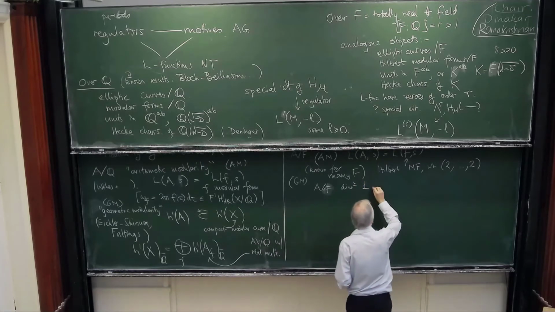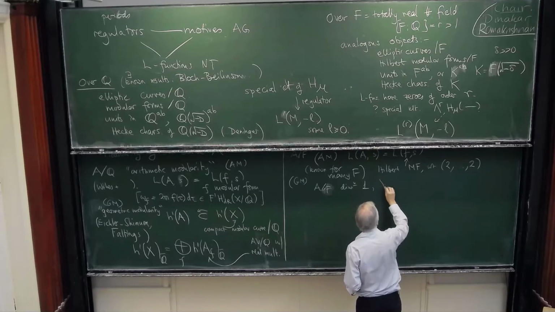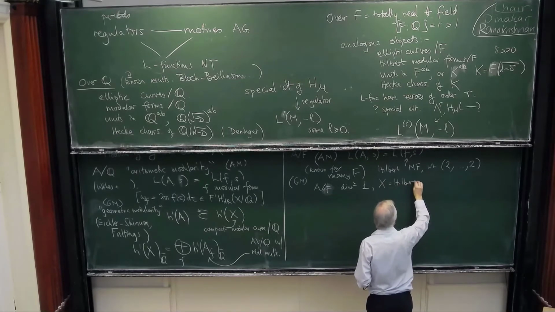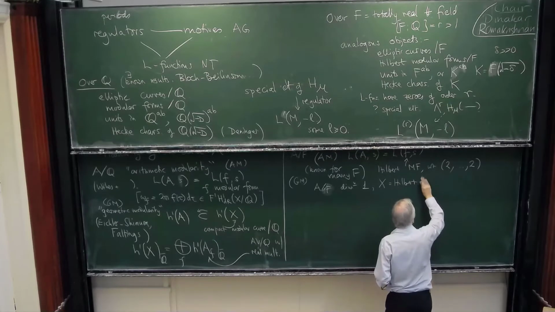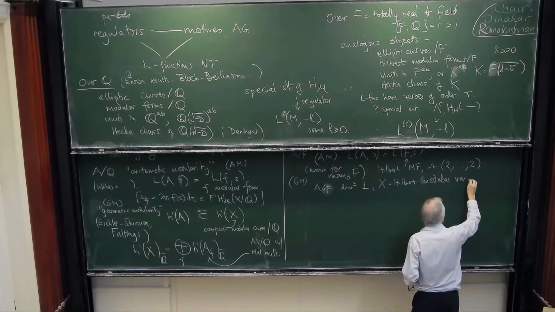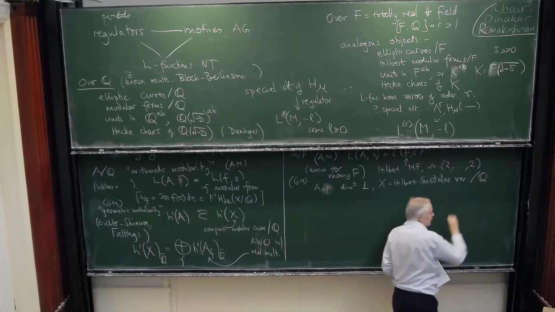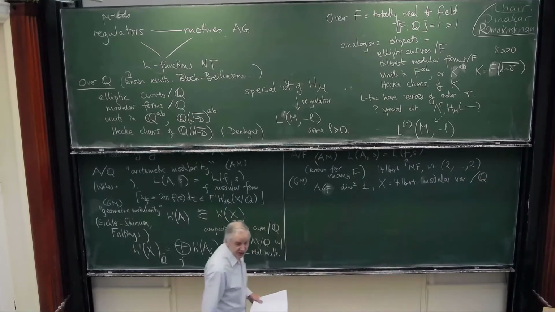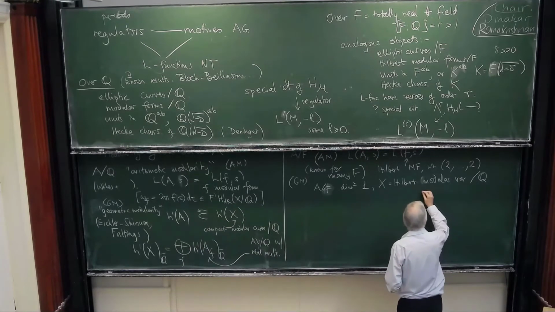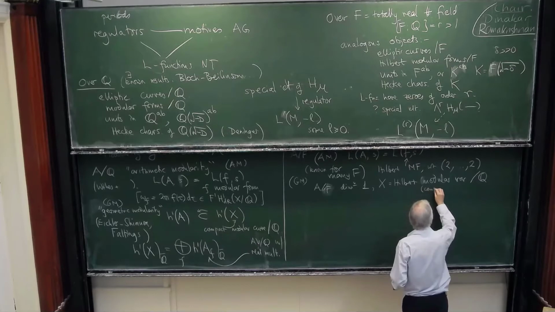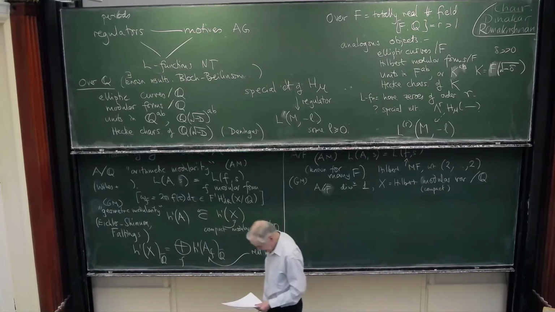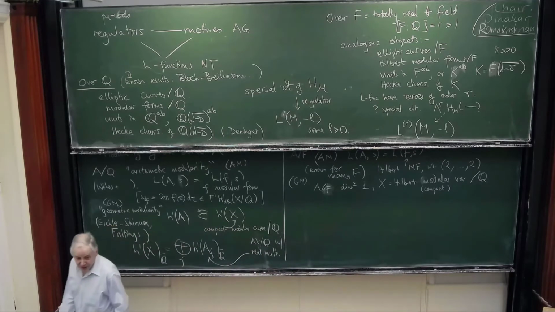On the other hand, the natural geometric object is a Hilbert modular variety, and the natural field of definition for that is Q, not F. So this is, let's say, some compactified. I'll use X for the compact guy, or one of the compact guys.